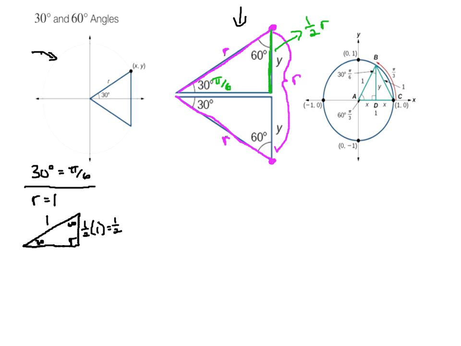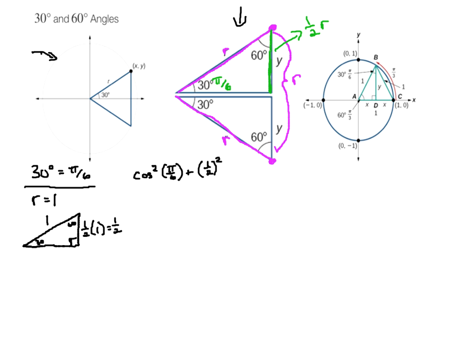Now I can use my Pythagorean theorem to solve for the x side of the triangle, which is the cosine of the 30-degree angle. So I have the cosine squared of pi over 6 plus sine squared of pi over 6. Well, I also already know that the sine of pi over 6 is 1/2.